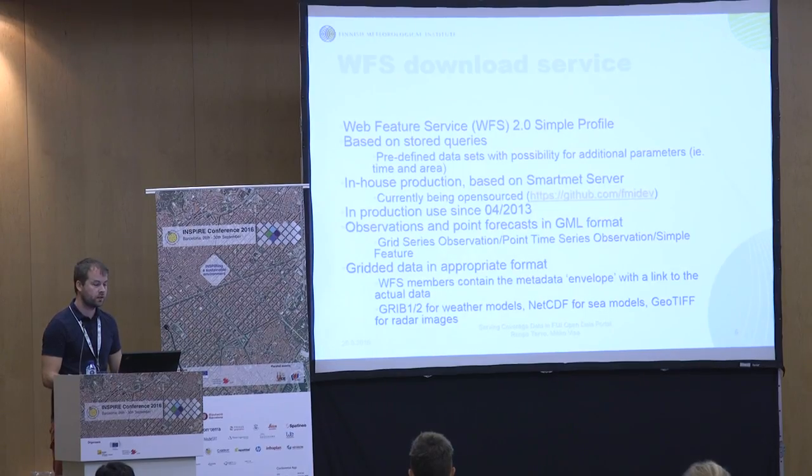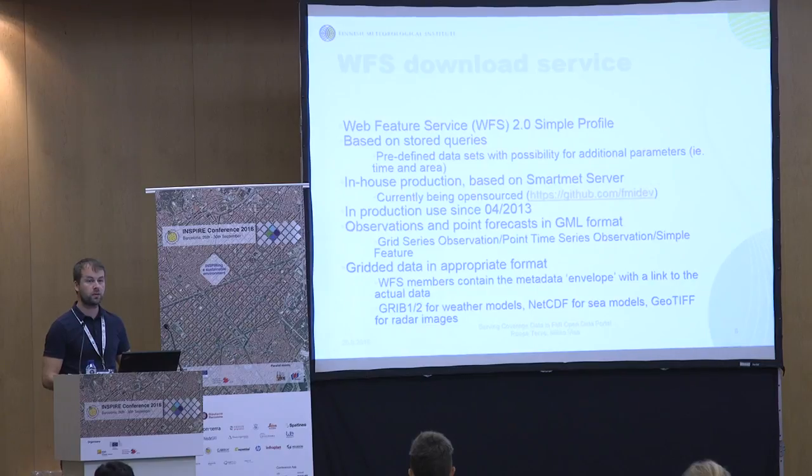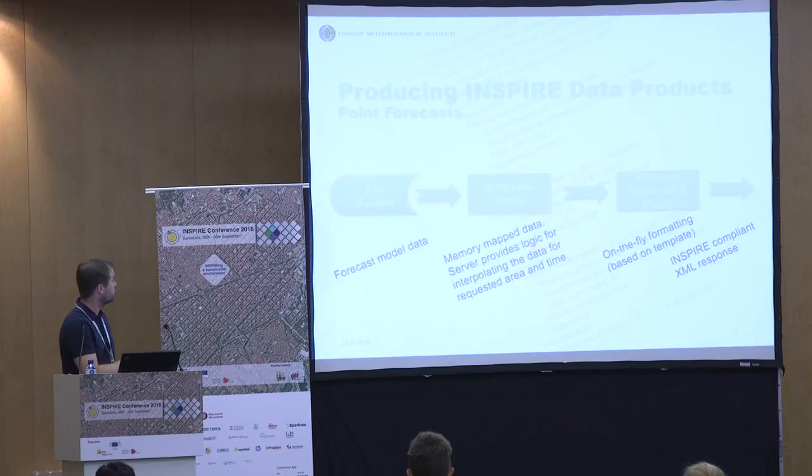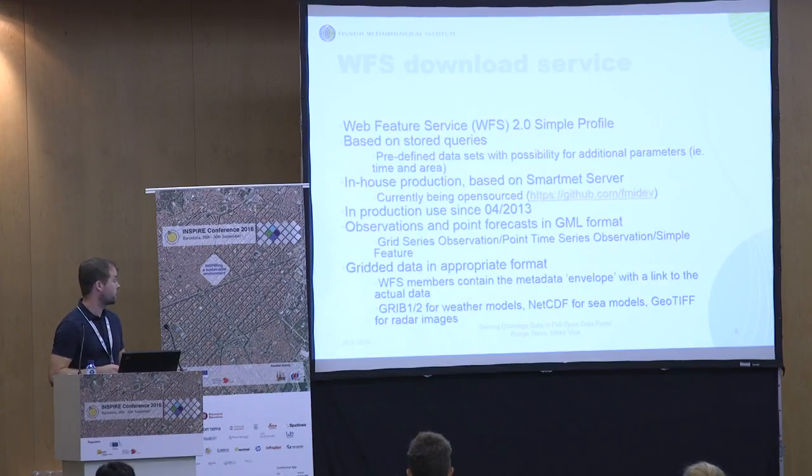And what you can get is observations and point forecasts in GML format in 3 different flavors. That's the grid series, observation, and point time series, and then there's the simpler feature. Other names for the first 2 ones are multi-point coverage and time series, which could be more familiar for someone. Then we have the gridded data.